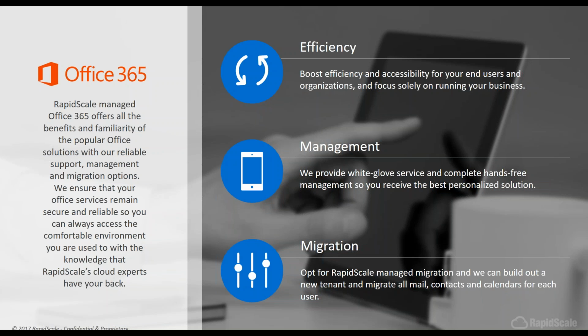If users have problems installing the applications, using the applications, or with email, those are all first level calls that our help desk can take and help resolve. And of course, from a migration perspective, we do email migrations, whether it's into our own multi-tenant platform or up into the Office 365 Exchange Online cloud.